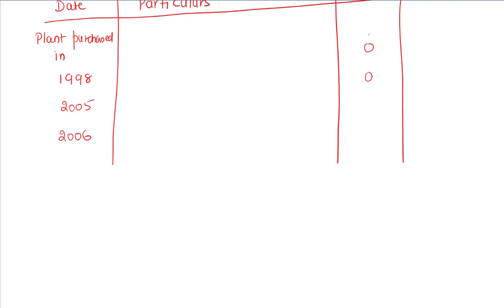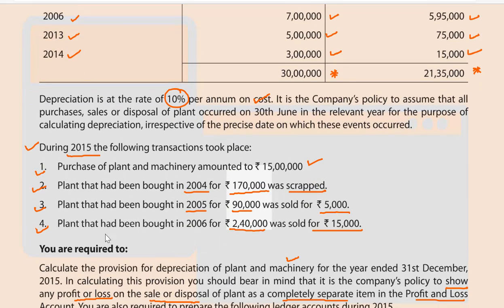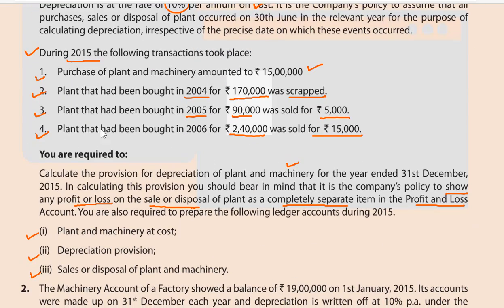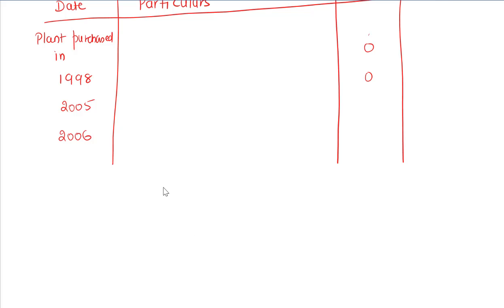For 2006, the total is 7 lakhs, but plant that had been bought in 2006 for 2,40,000 was sold. That means there are two bifurcations of 7 lakh: one is 2,40,000 and the other is 7 lakh minus 2,40,000, that is 4,60,000.